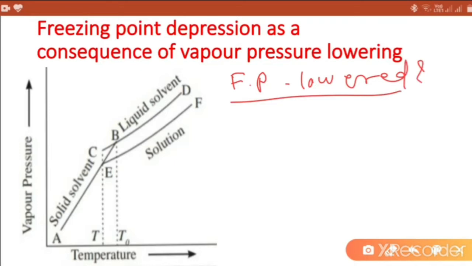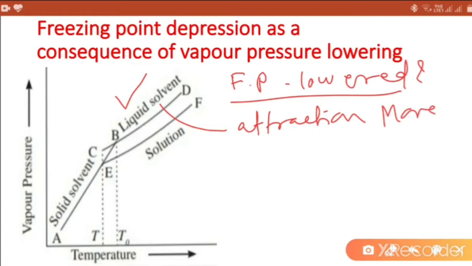Freezing point is lowered because at the freezing point of pure liquid, the attractive forces among molecules are large enough, the attraction is strong enough to cause the change of phase from liquid to solid.